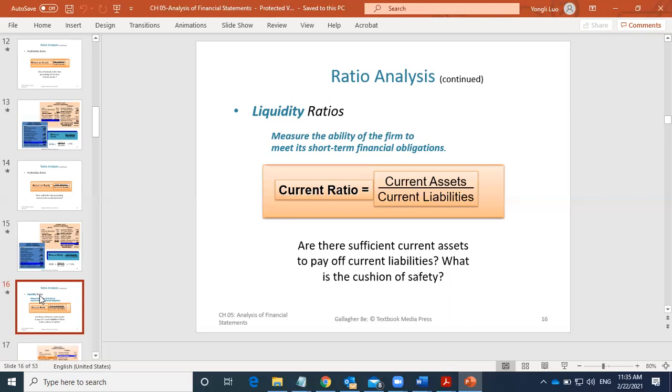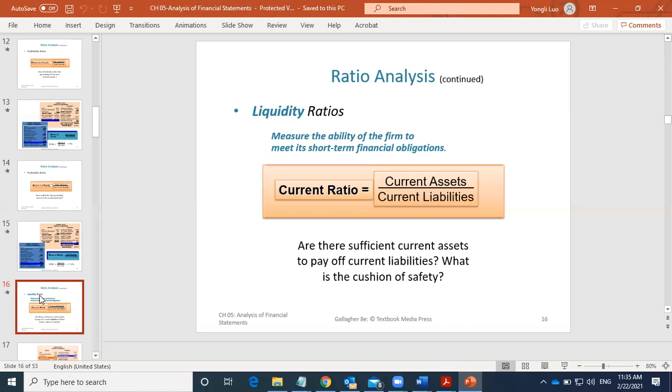If you don't pay them in the short term, they will look for another job, and the business cannot survive. So the current ratio is about your short-term obligation. Basically, we focus on the current asset and your current liability.